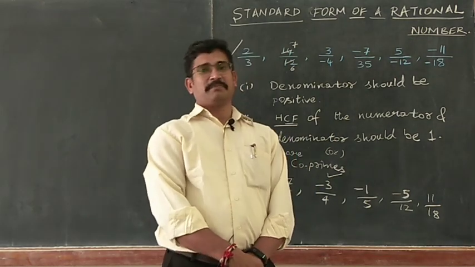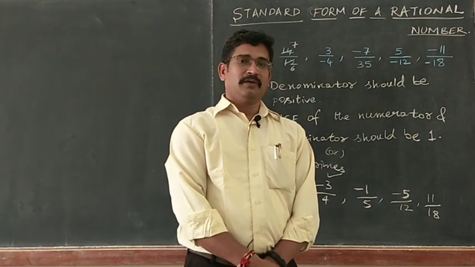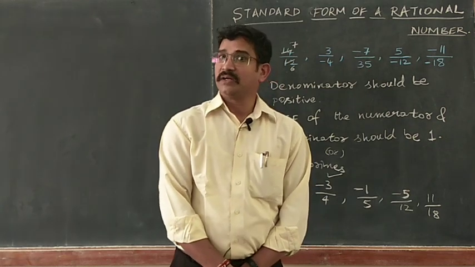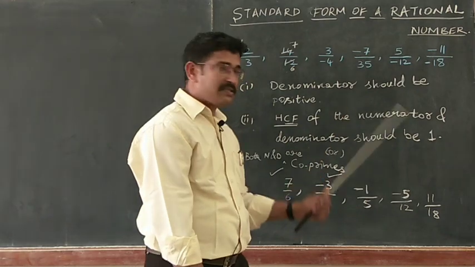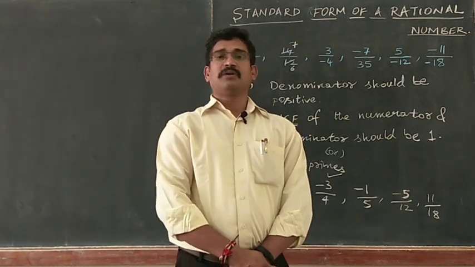So, this is the concept of standard form of a rational number. We will sum it up. You need to write down a definition. I told you the conditions, and you have to write them as a definition. What is the definition?